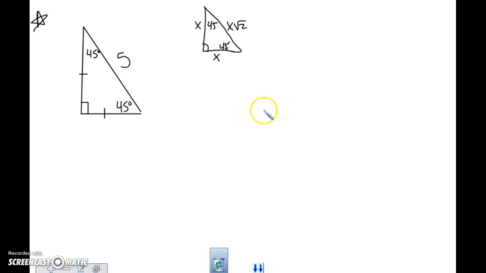So the first thing that we're going to do is match it up. Sometimes I highlight them or squiggle it in. So these two match. They're supposed to match anyway. Then what we're going to do is make an equation. Because I don't know mentally what times the square root of 2 equals 5. But I could solve for it.